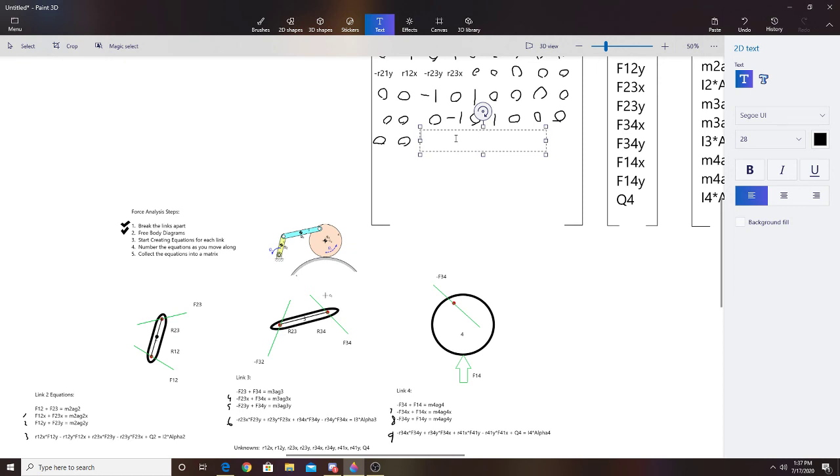So what did I say it was? R23y. And this is minus R23x, right? And then it was minus R34x, or minus R34y, and then it was R34x. Something to that effect.